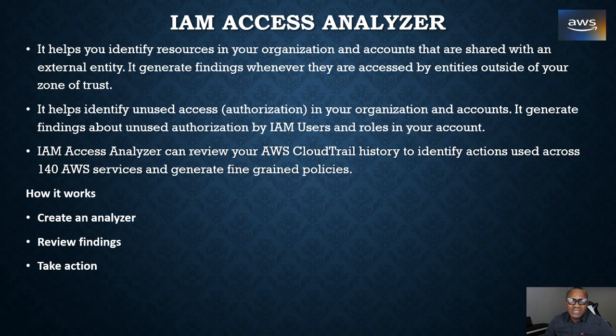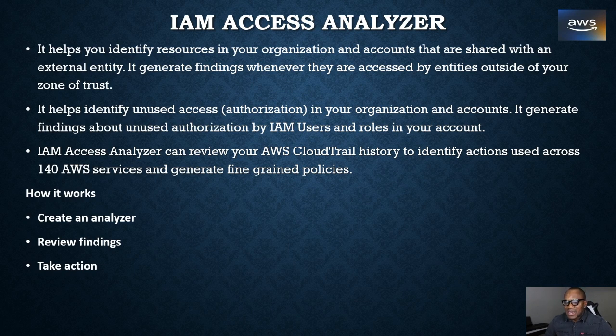You can simply choose a role in your account, use CloudTrail logs, and generate fine-grained policies based on their activity in your AWS account. You can attach that particular fine-grained policy to that entity and detach the policy you have given to them before. And that will help you to achieve your least privilege principle quickly.